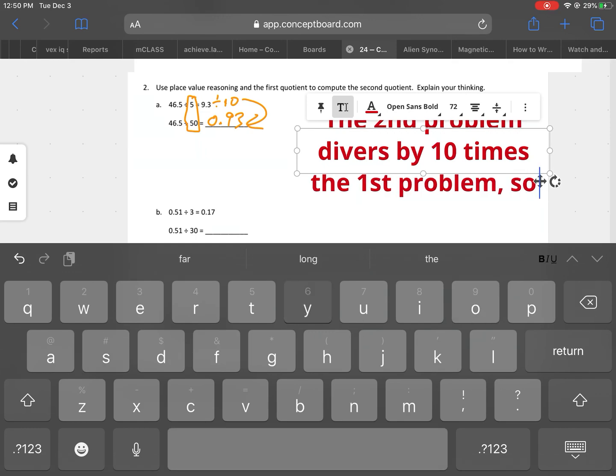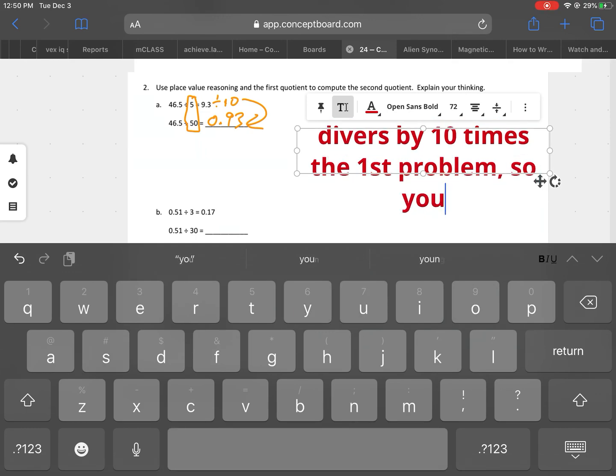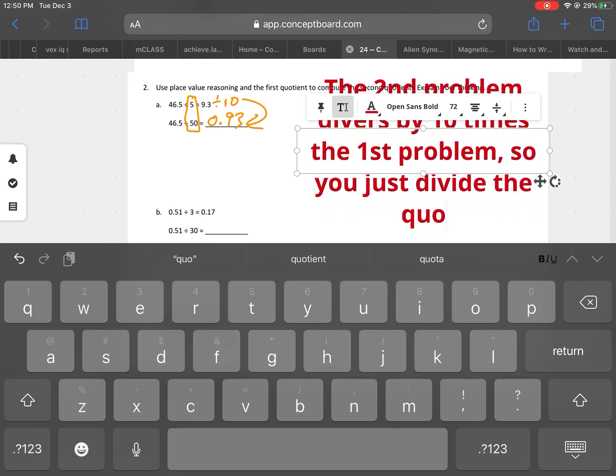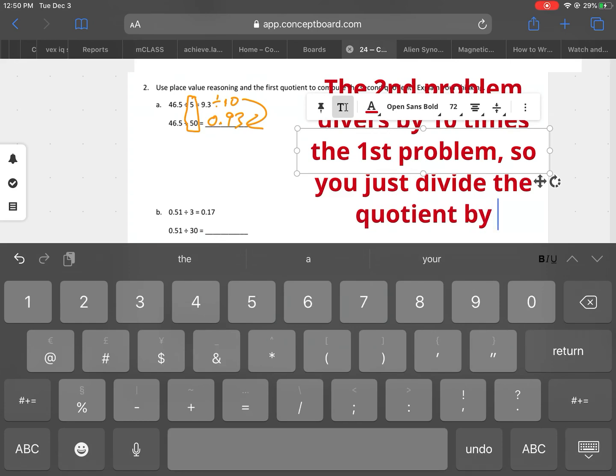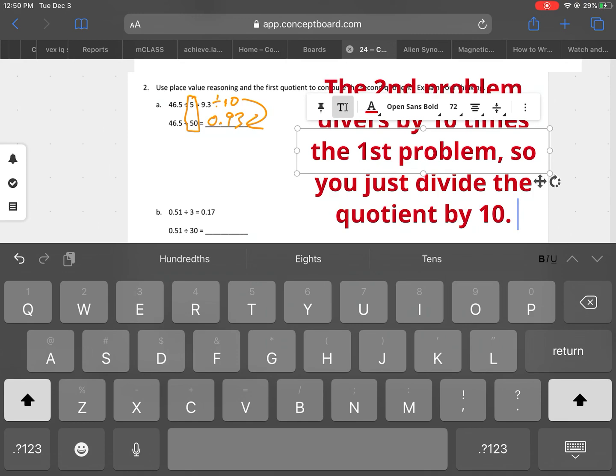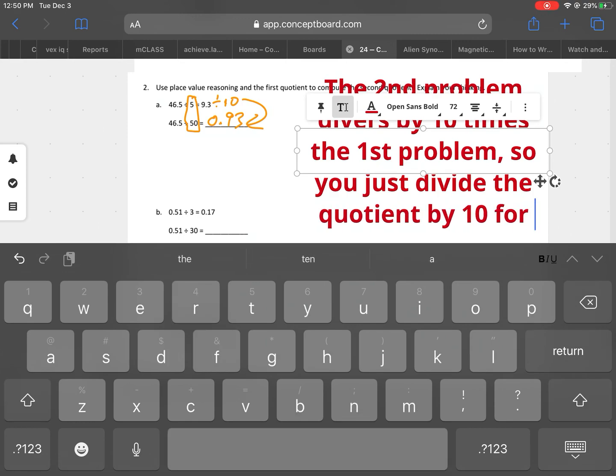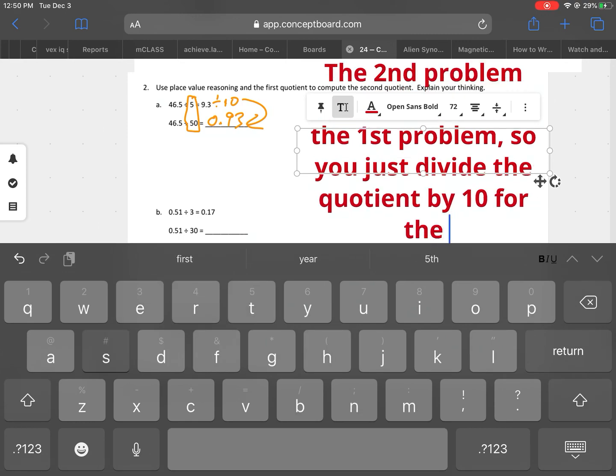So you just divide the quotient by 10 for the second problem.